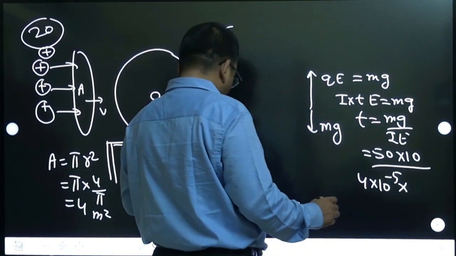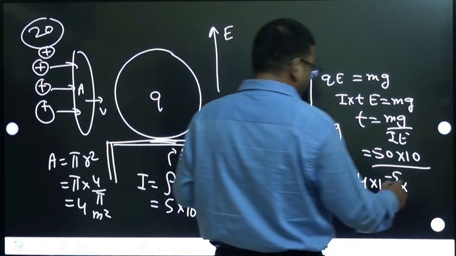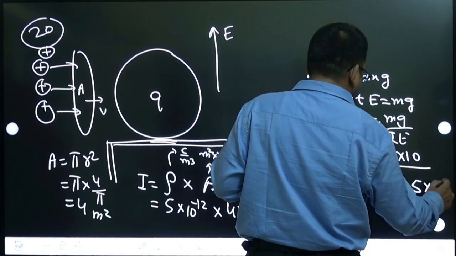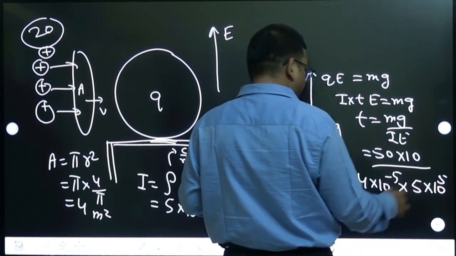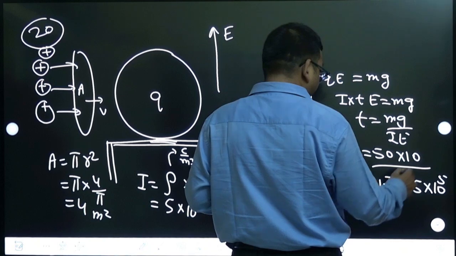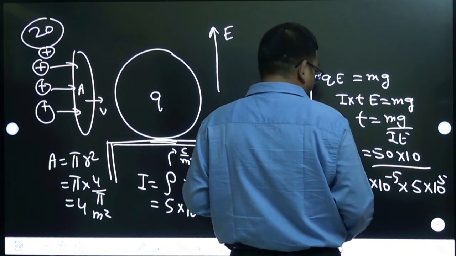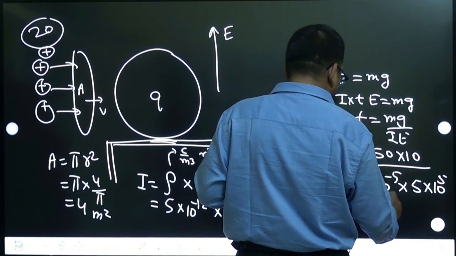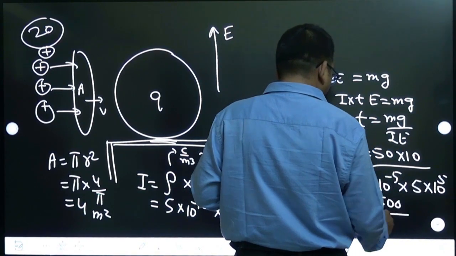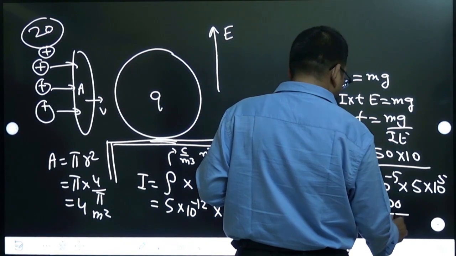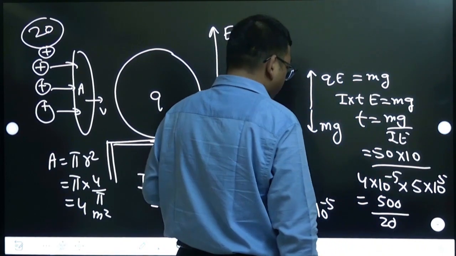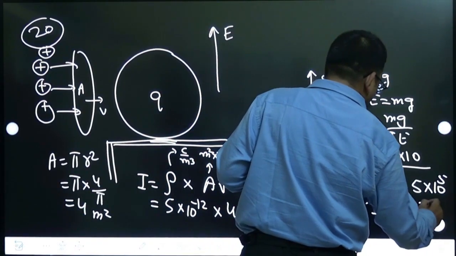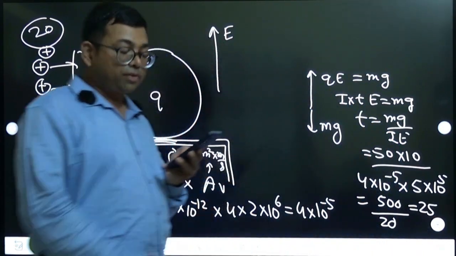And electric field they have given 5 into 10 to the power 5. So this power is gone. Check that. So this is 500 by 5 into 4, 20... so 25. So the correct answer is 25.